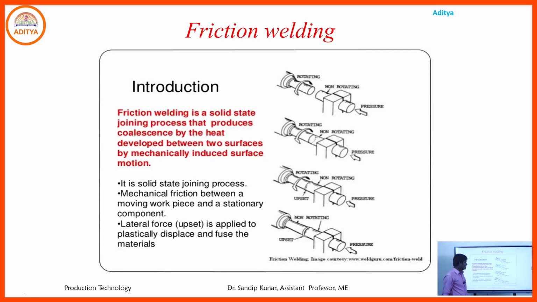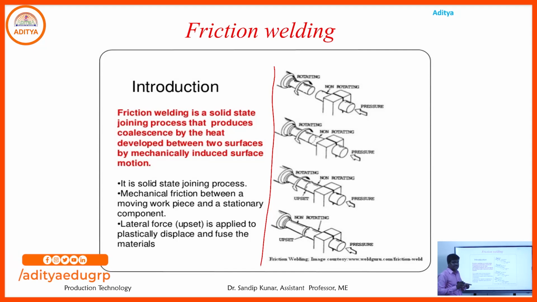Friction welding, we have seen some pictures of it. Generally, friction welding is a solid state welding process that produces coalescence by heat developed between two surfaces by mechanically induced surface motion. Due to continuous surface friction, heat is created, and some parts are melted and welded.